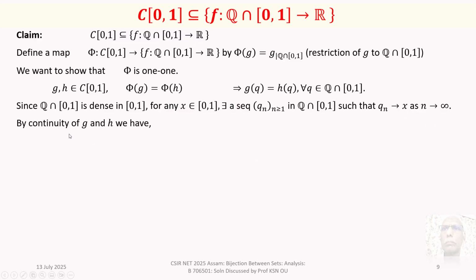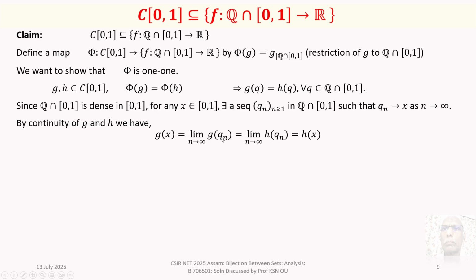By continuity of g and h, we use the sequential continuity concept here. g of x is equal to limit n tends to infinity of g of q_n and limit n tends to infinity of h of q_n is equal to h of x because g and h are continuous.